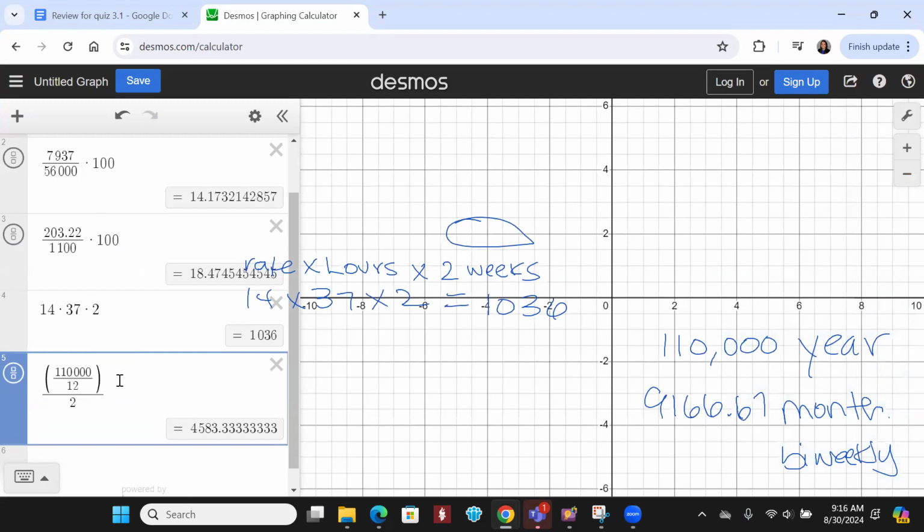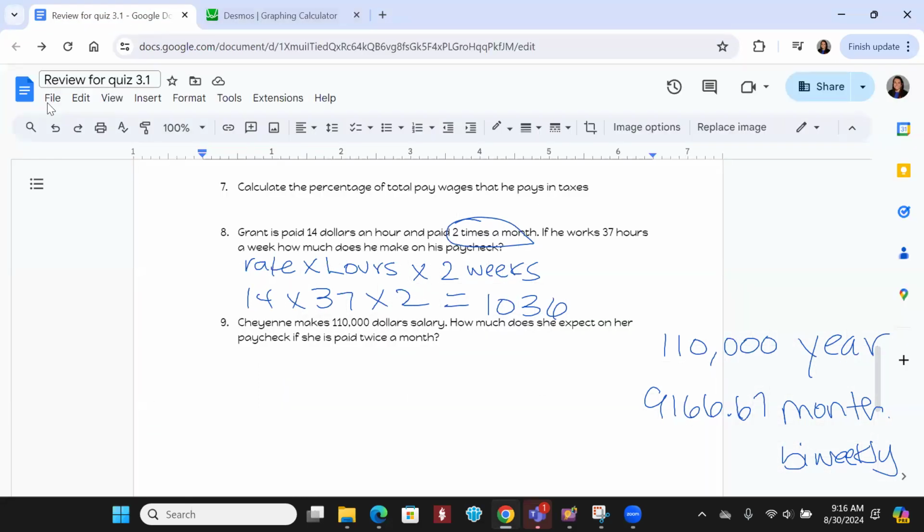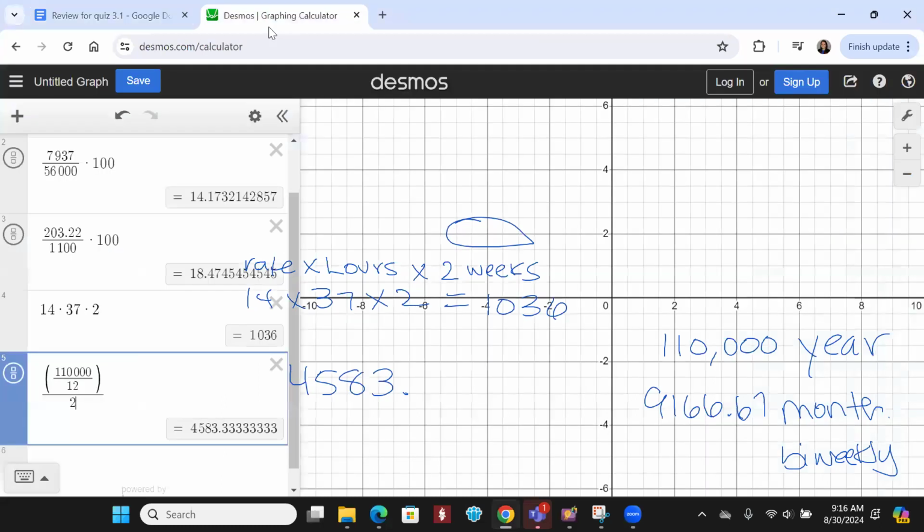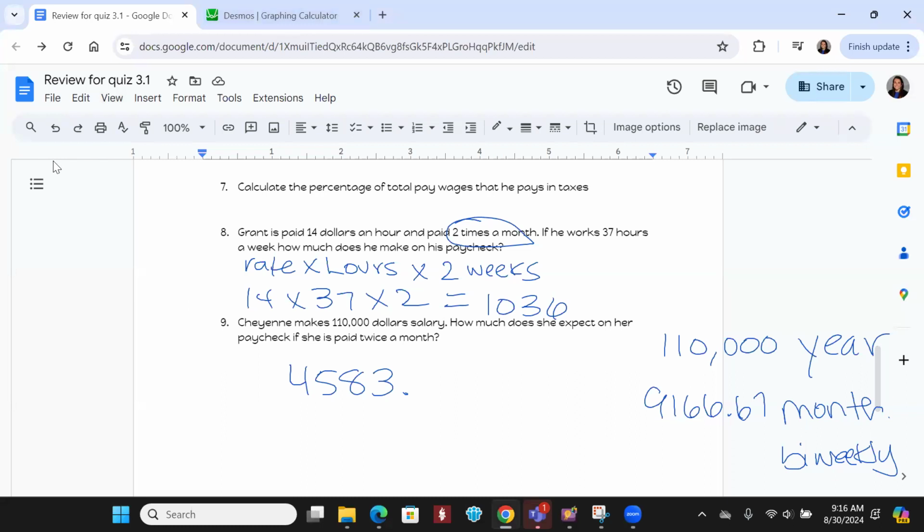So I got 4,583 point something, 33. So what did you get? Depending on how you rounded it here, you might have gotten 34. That's okay.